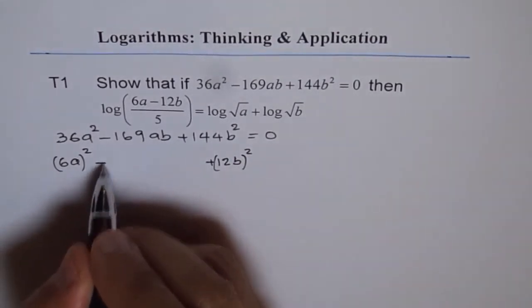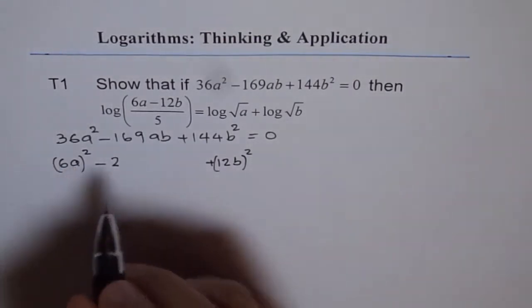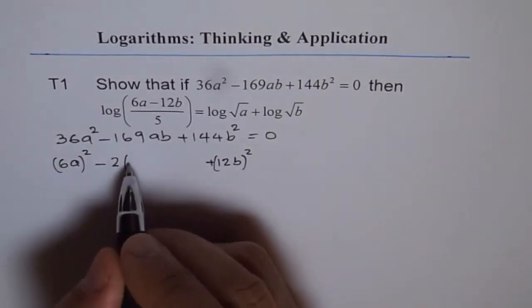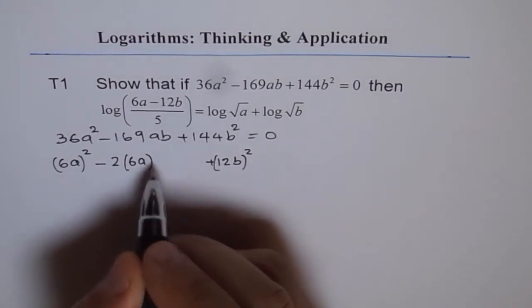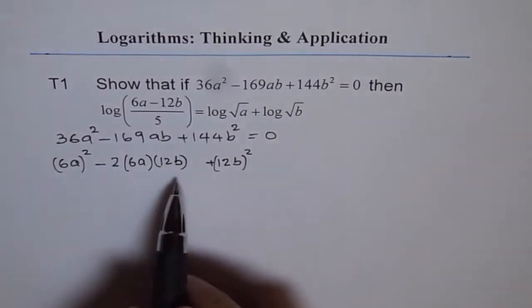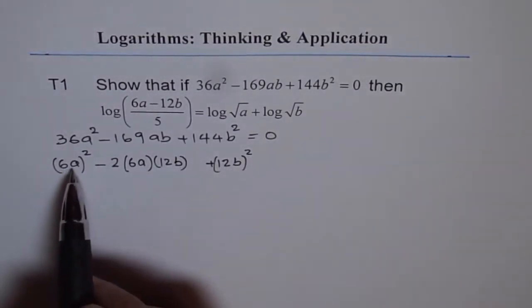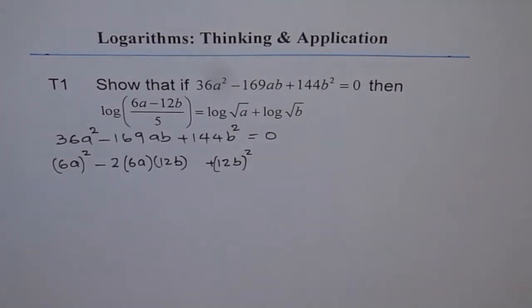Now if in the center I make a term which is 2 times 6a and 12b, then I can write this as (a − b)², where a will be 6a and b will be 12b. Do you get it?